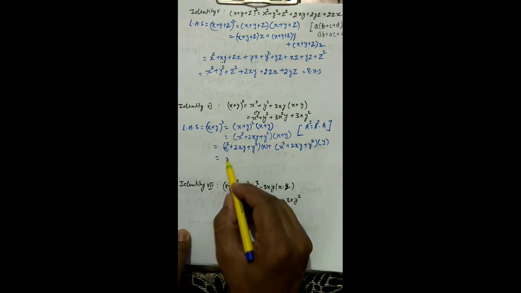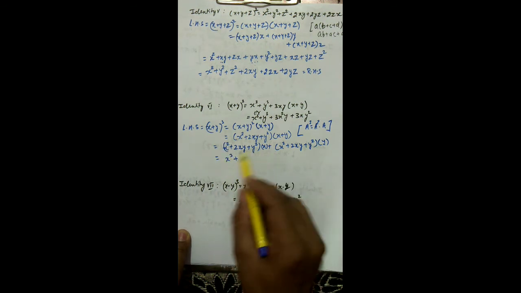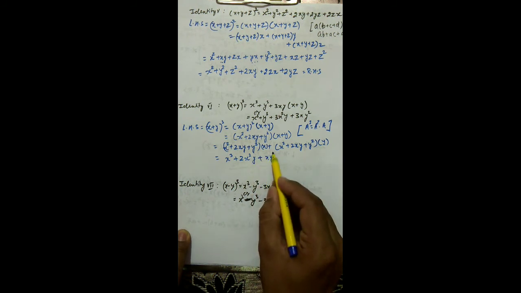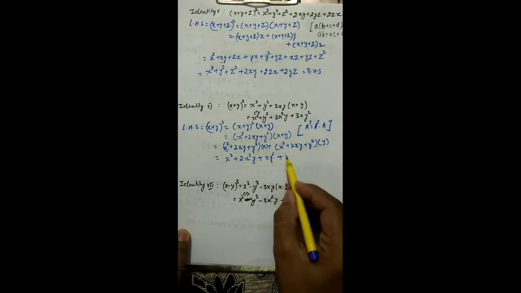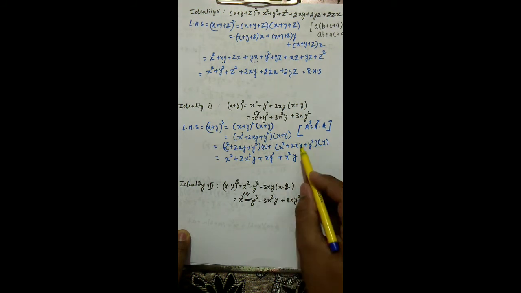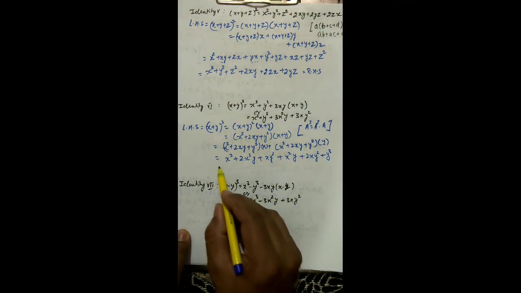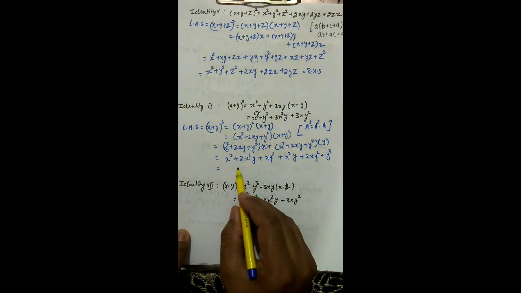So x into x, this is x cube, and this becomes 2x square y. This becomes xy square. Open this now. This is x square y, and this becomes 2xy square, and this becomes y cube. So now I am writing all highest power terms together.